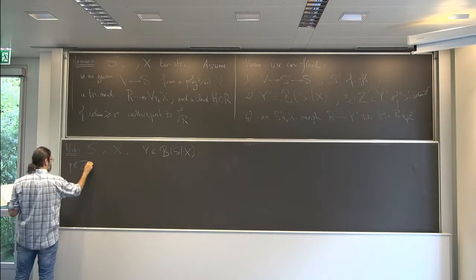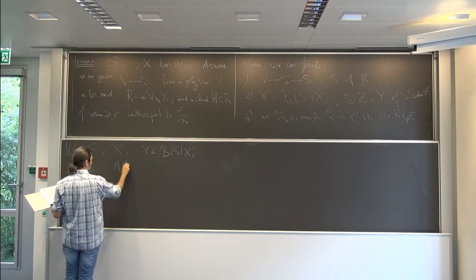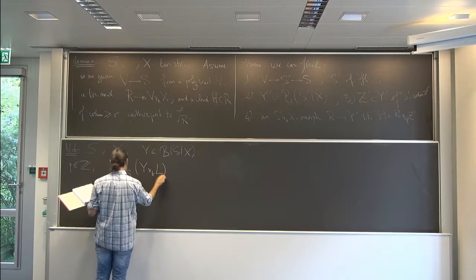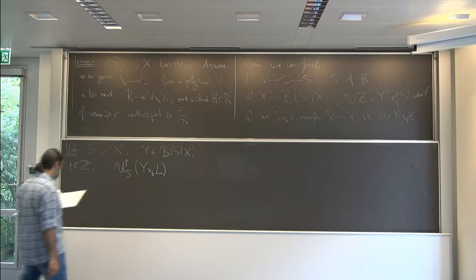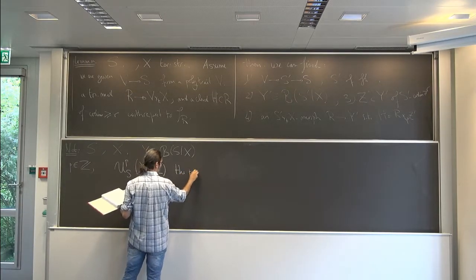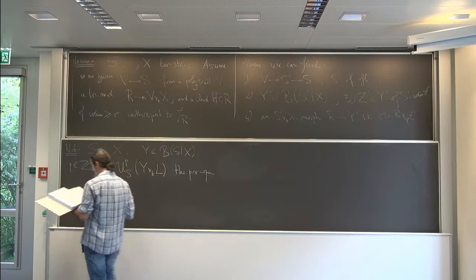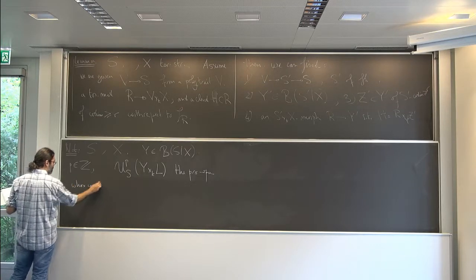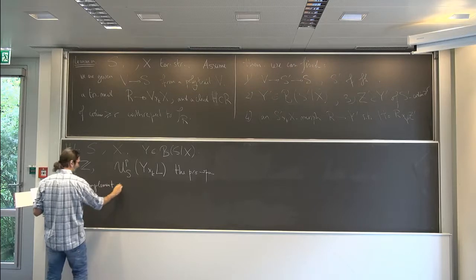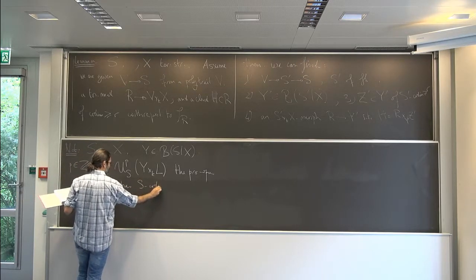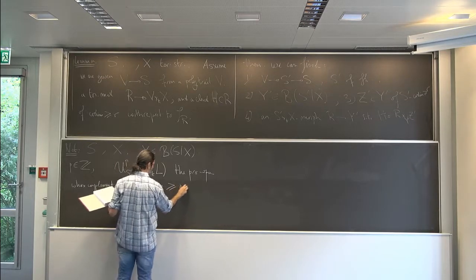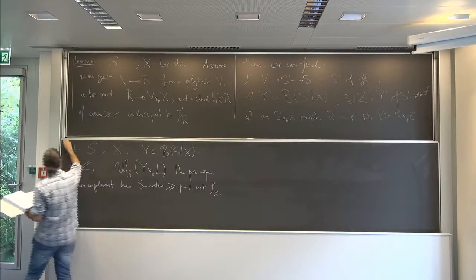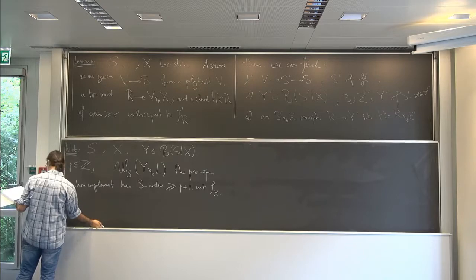For an integer p, I'll denote by U_p the pro-open subset of Y times K^L, with some auxiliary scheme L, whose complement has codimension bigger than p plus 1 with respect to S_X. Now we are interested, of course, in a special case of this.